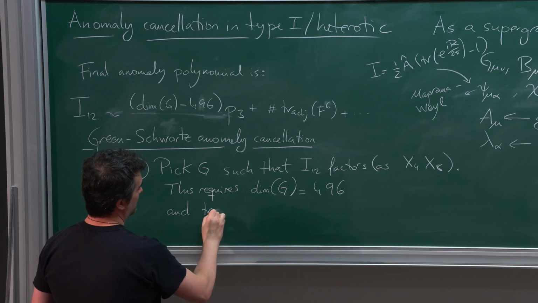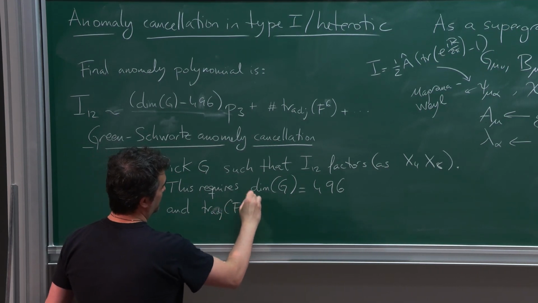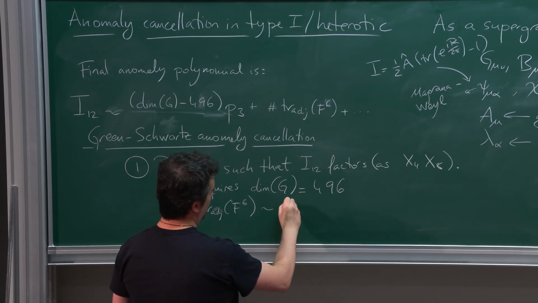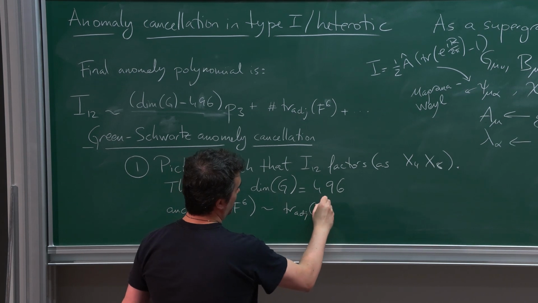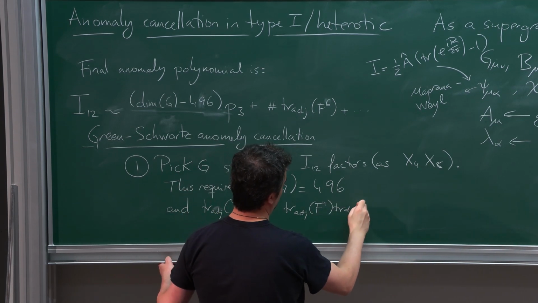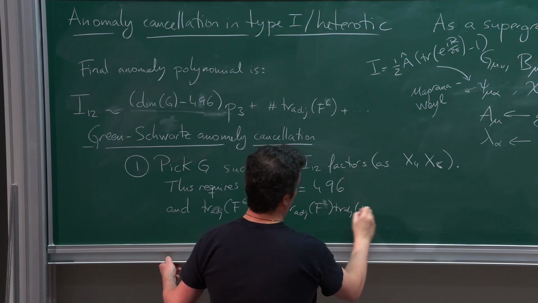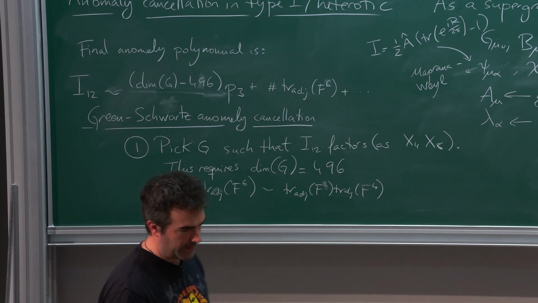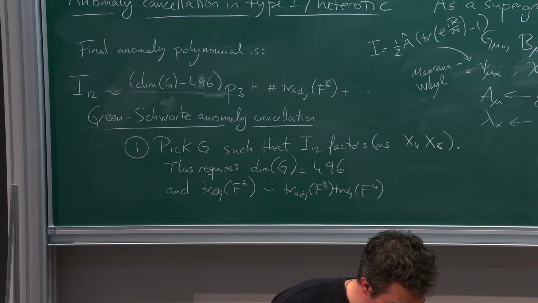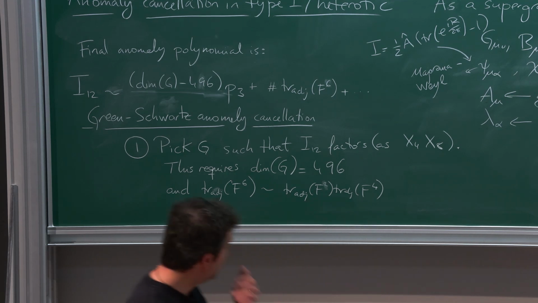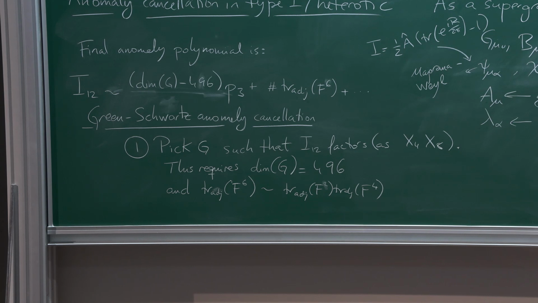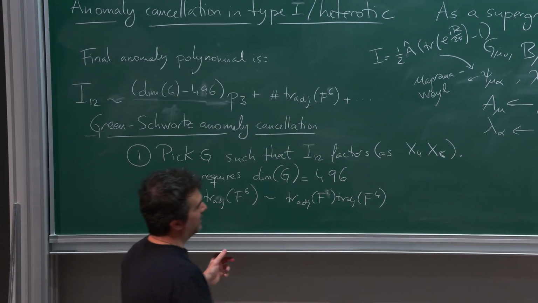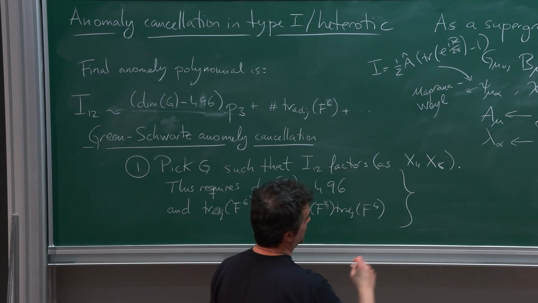So I want the trace in the adjoint of whichever group I have of F^6 to factor, up to constants perhaps, into trace in the adjoint of F^4 times trace in the adjoint of F^2, and F^4. I could consider other factorizations, but this is the one that's going to matter. Okay, so this seems like a very strong constraint. But in fact, it's satisfied by a number of groups, four exactly.